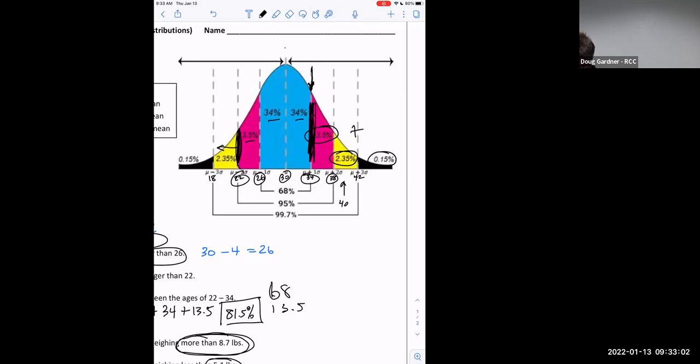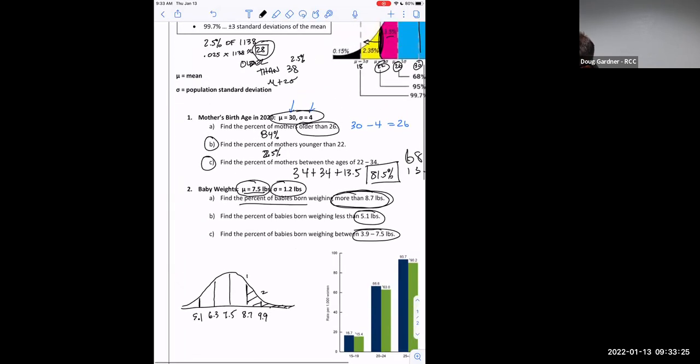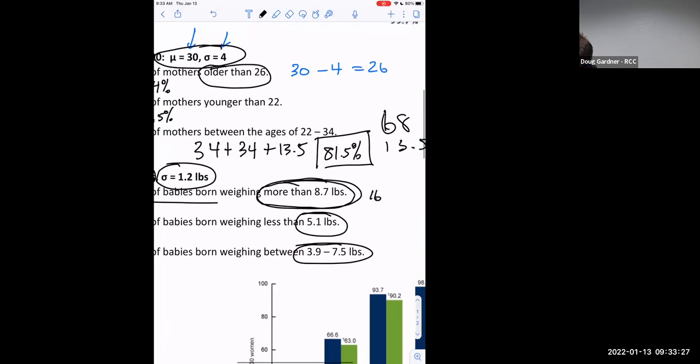Isn't this entire right side from here 50%? So if that much of it is 34, then couldn't I just go 50 minus 34? This isn't a race, but the answer is 16%, whereas if I had to add these, I'd have to bust out my calculator, and that's fine. It's not that much faster. So, did you get 16% for that one?